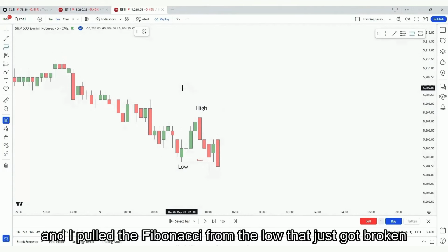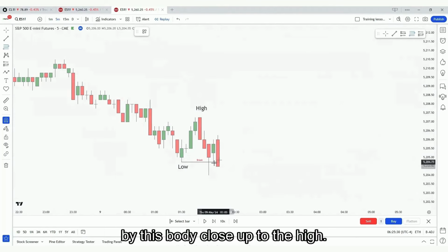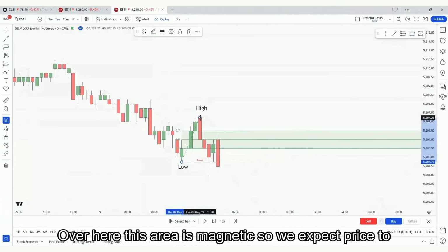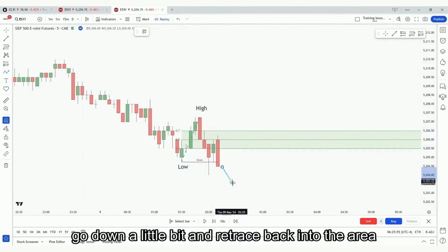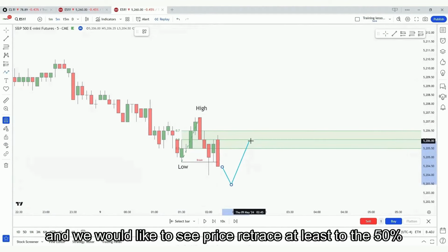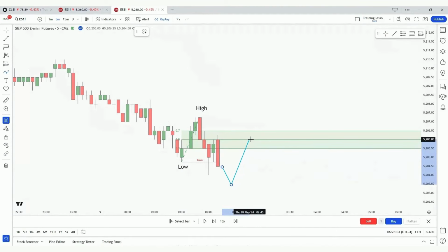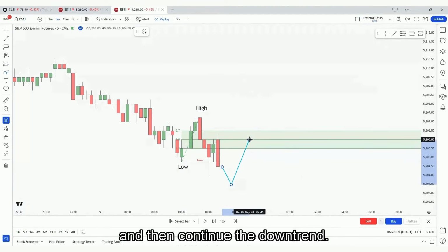And I pull the Fibonacci from the low that just got broken by this body close up to the high over here. This area is magnetic, so we expect price to go down a little bit and retrace back into the area. And we would like to see price retrace at least to the 50% and then continue the downtrend.